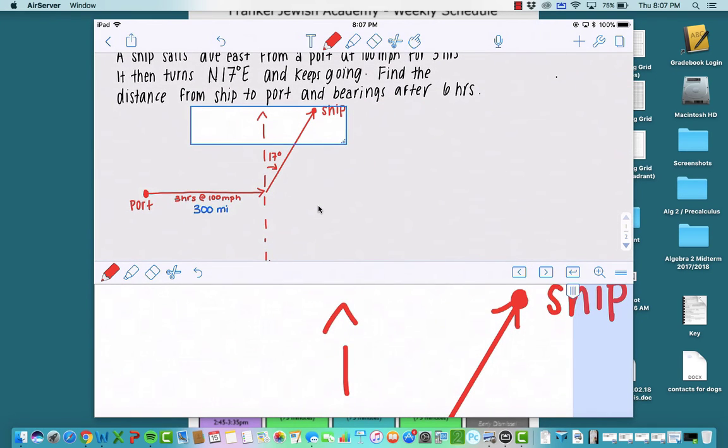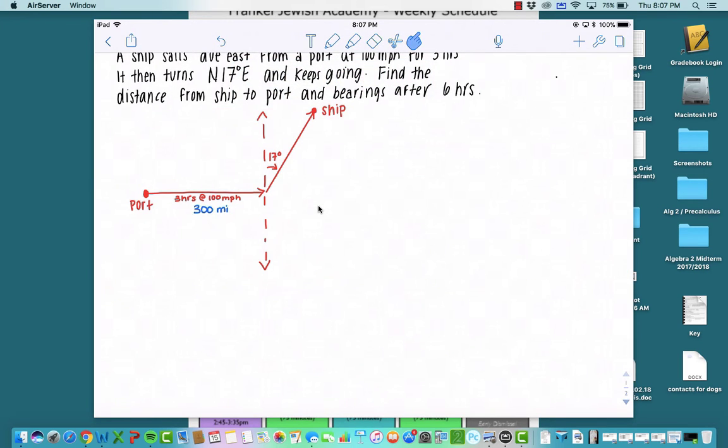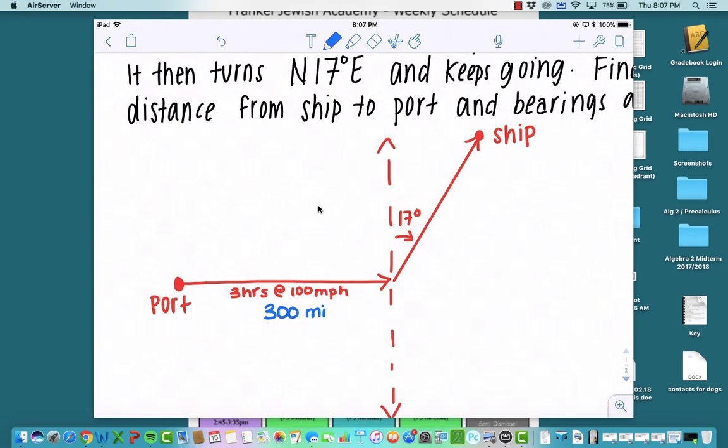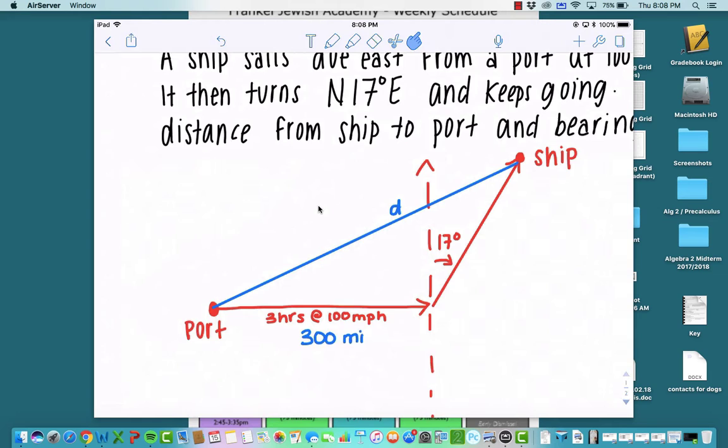And not only do I want to find the distance from here to here, which I'll label as D, but I also want to find the bearings.